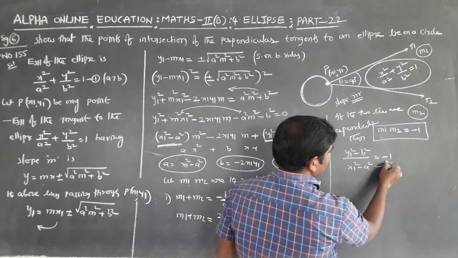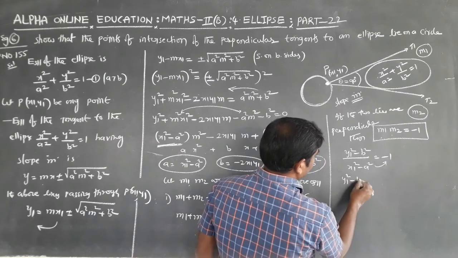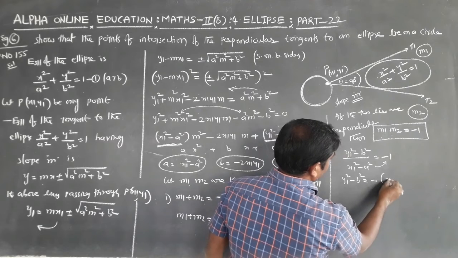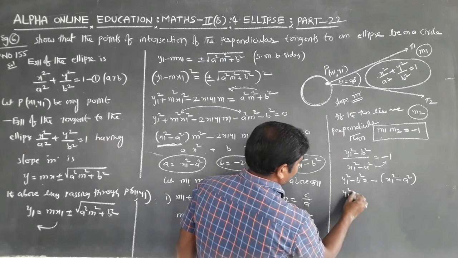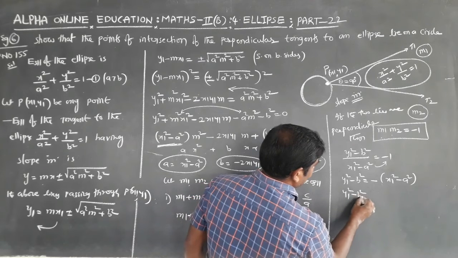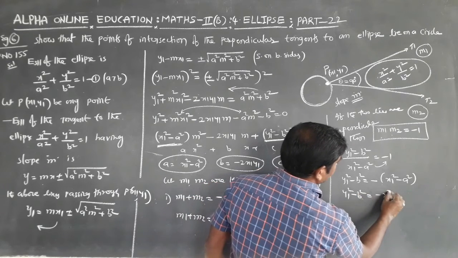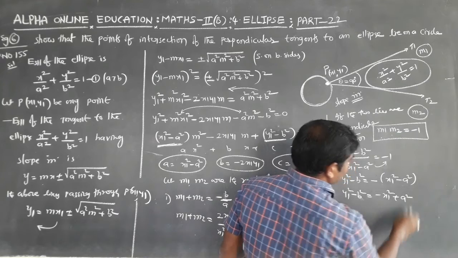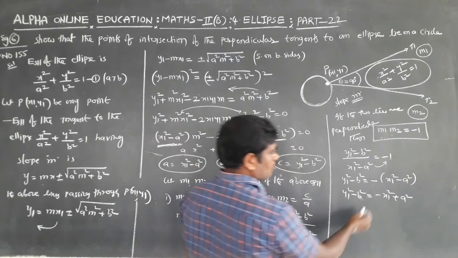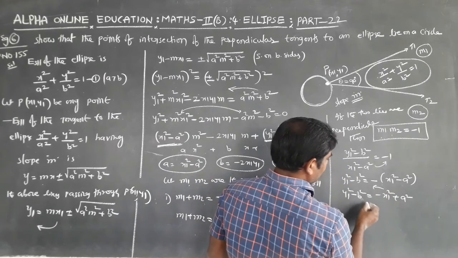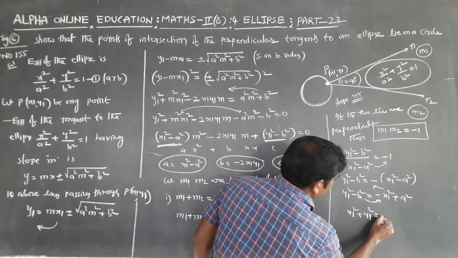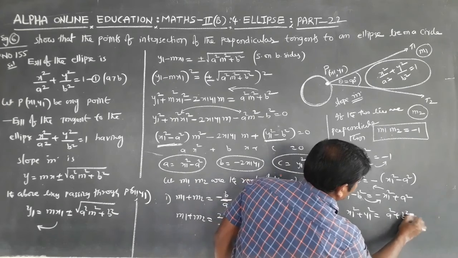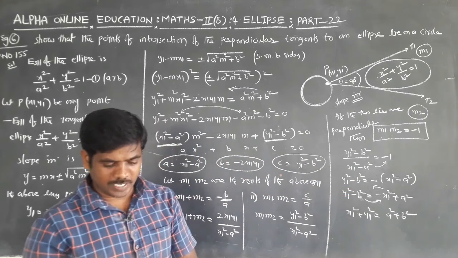Taking this value to the right side, y1 square minus b square equal to minus of (x1 square minus a square), which is minus x1 square plus a square. Taking x1 square to the left side and b square to the right side, x1 square plus y1 square equal to a square plus b square.